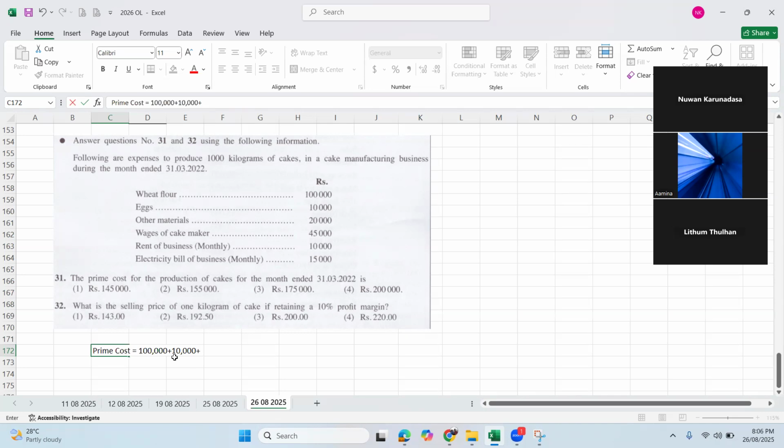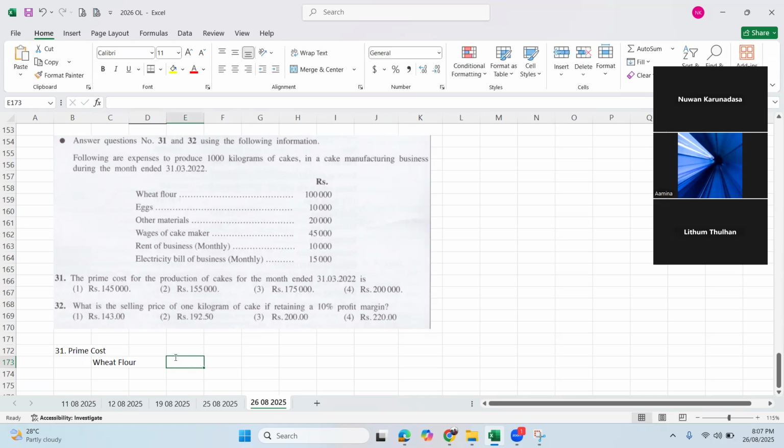Then wages, they ask in the prime cost. Then we'll write it. Prime cost, what are the things we'll take? Wheat flour 100,000.